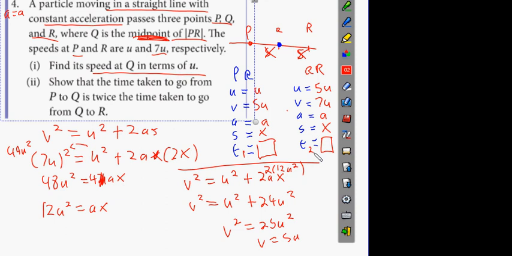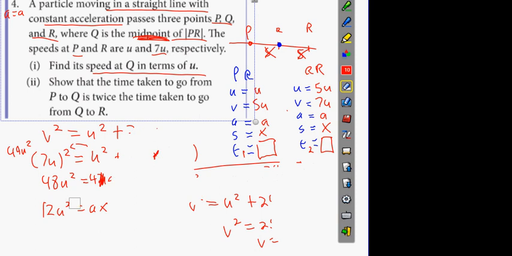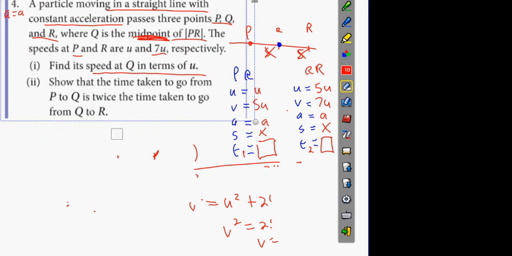This piece of information might come in handy. 12u squared equals ax. I think it will anyway. Phi equals u plus at. Yeah, actually lads, we don't need it. Phi equals u plus at for both of them. So, time. The most basic time equation we have is phi equals u plus at.